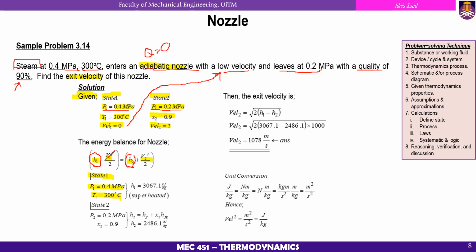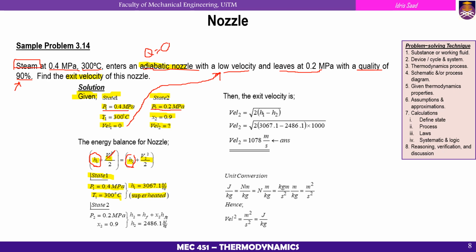Please use your knowledge from chapter 2, properties of pure substance, to determine the phase. Therefore, the phase of state number 1 is superheated. Based on table A6, we get that H1 is equal to 3067.1 kilojoule per kilogram. So now we already have the value for state number 1.